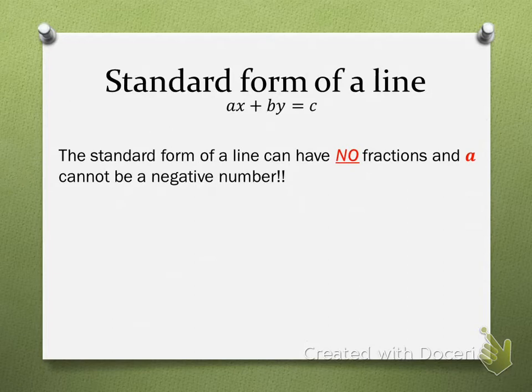We would call that term our leading coefficient. Leading means the first one in line, and coefficient is just a number in front of the variable. So the first number can never be a negative number. It does not matter if b or the constant are negative, but the a, the first number in standard form, can never, ever, ever be negative.